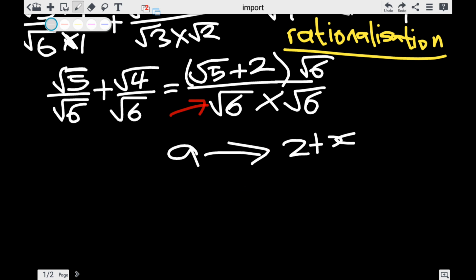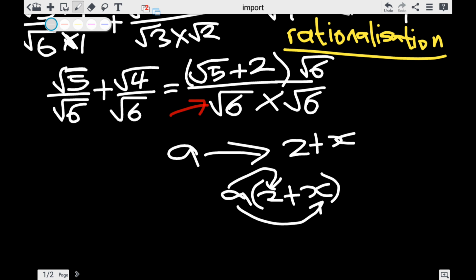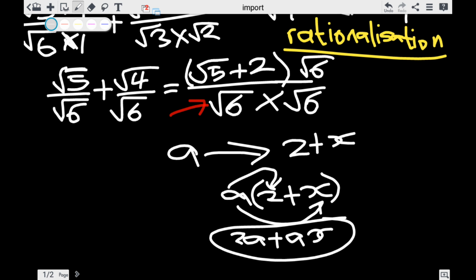So we should get A times (2 plus s). When you set them like this, you'll be able to multiply that A to the 2 and the A to s. So you should get 2A plus as. So this is the answer. But if you don't use the bracket, you won't be able to get the correct answer. So when you want to multiply a single term with 2 terms or with 3 terms, you need to enclose the terms inside the bracket.